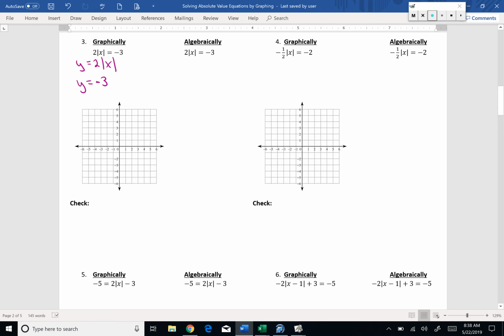When I do these, now that we know what we're looking for are those intersection points, I always graph the y equals 1 first, whether it's listed first or second, guys, because I know exactly what that's going to look like. And graphing that one first is just going to save me from potentially graphing a whole bunch of extra points on my absolute value graph that I don't need. So I'm going to go y equals -3.